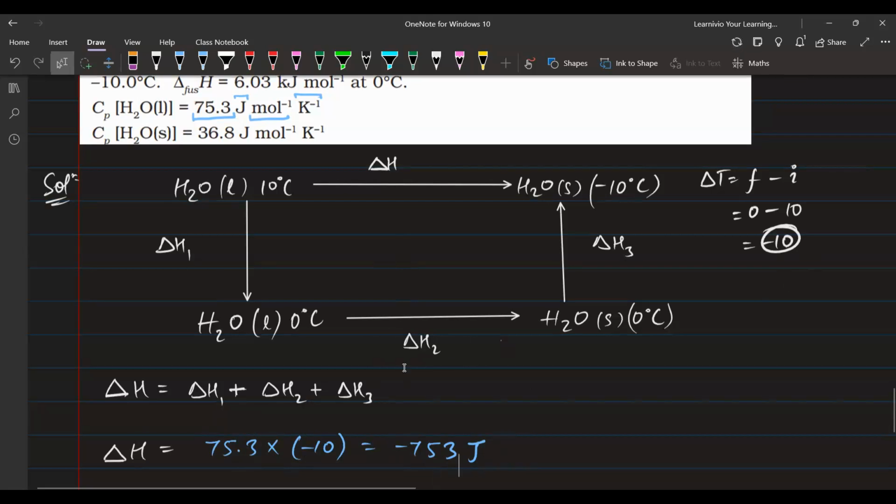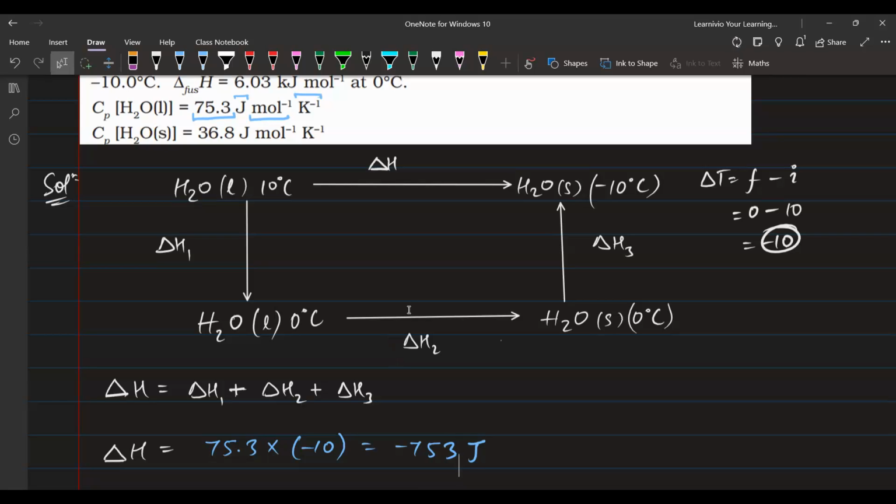Next, tell me what was happening. What does this delta H2 represent? No change in temperature? Some temperature change is happening. What is changing? State, from liquid to solid. So from liquid to solid, what will we say?